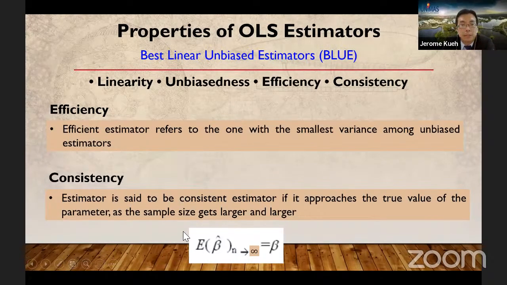This is represented by this equation. So n can converge to infinity, meaning that the larger the sample size the better, as the estimators will be closer to the true beta. Okay. So those are the BLUE properties: linearity, unbiasedness, efficiency, as well as consistency.